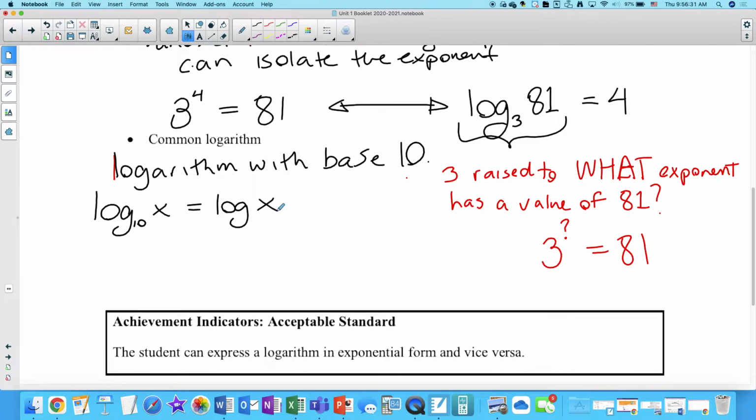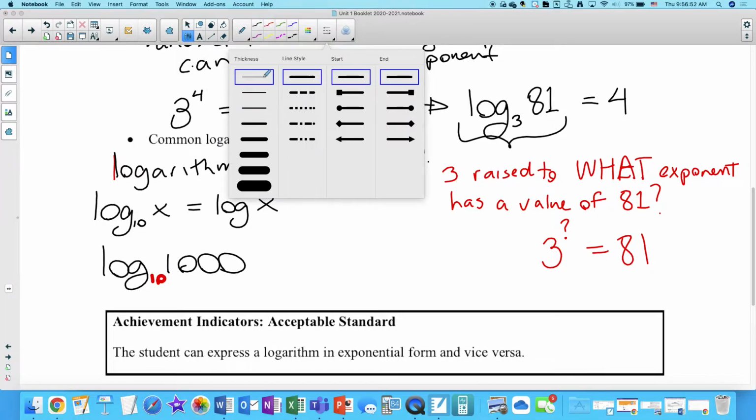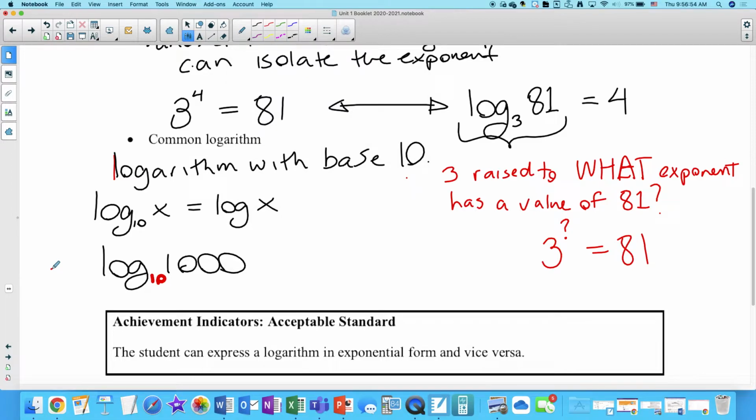So for example, if I'm looking at the log of 1,000, we have to remember that there's an imaginary 10 in here. It's not usually written in. It's considered redundant to write that in.